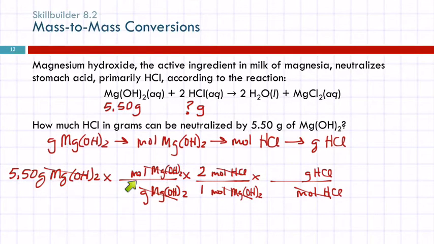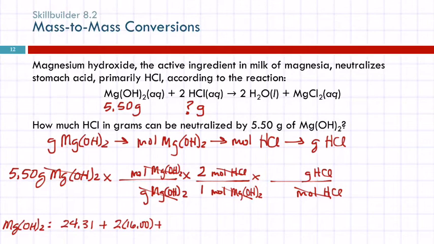Now this first term and this last term, those are molar masses. Molar masses are always the mass of 1 mole of the substance. So I'm going to have to calculate these. So magnesium hydroxide. I've got 1 magnesium, 24.31. And how many oxygens are in that formula? 2. 2 times 16.